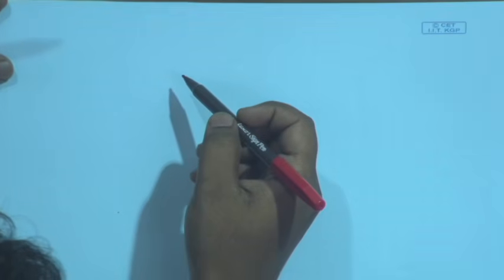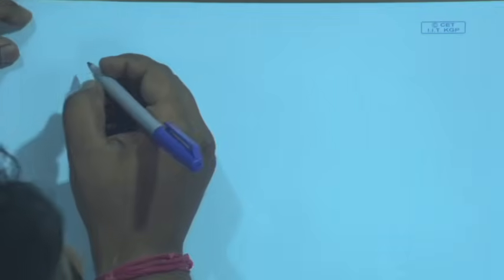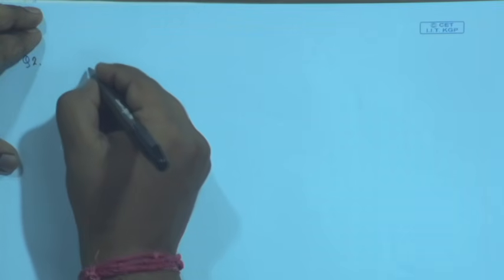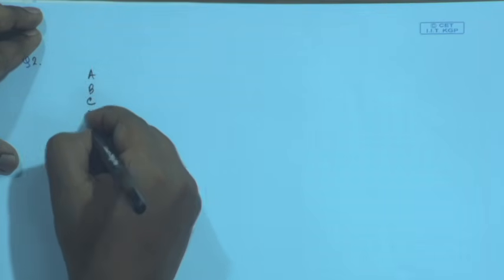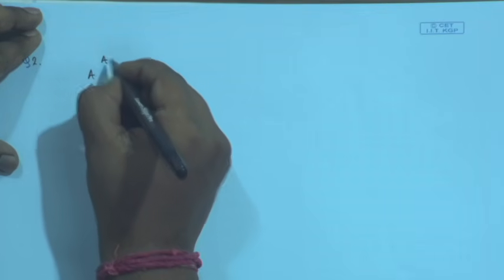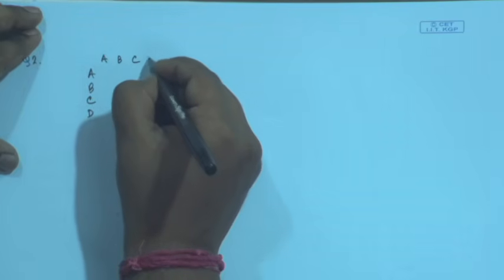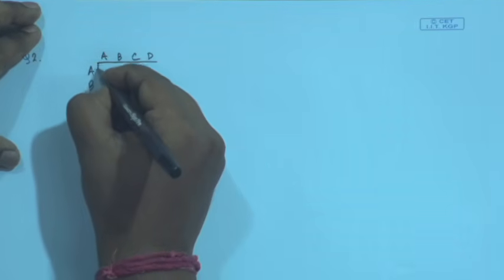Let me quickly show you an agglomerative clustering problem which you can face in the exam. Question 2: say we have 4 points, A, B, C and D, and this matrix which I am writing describes the distance among these points.